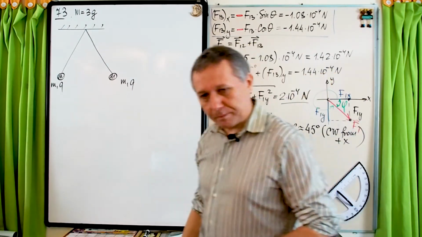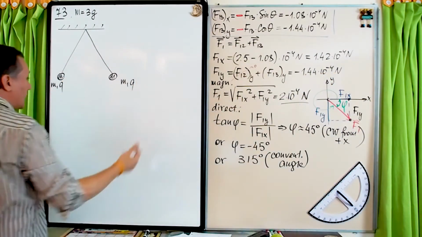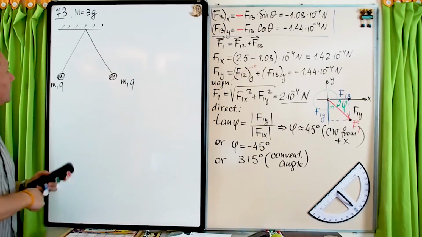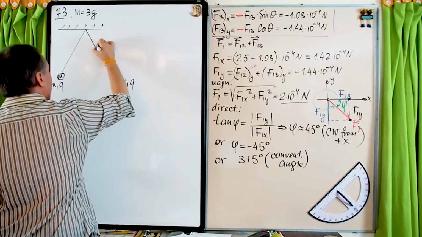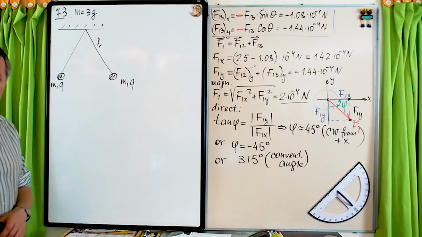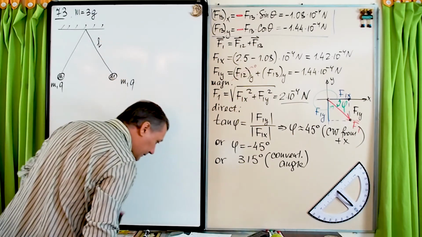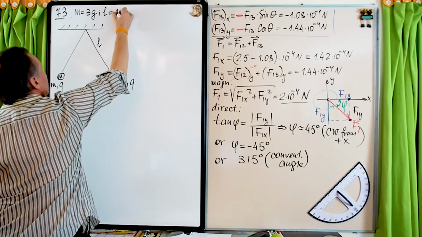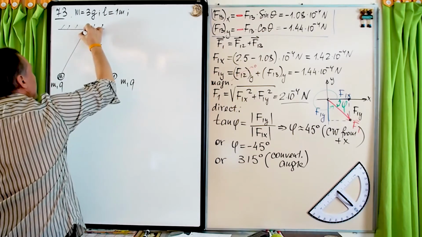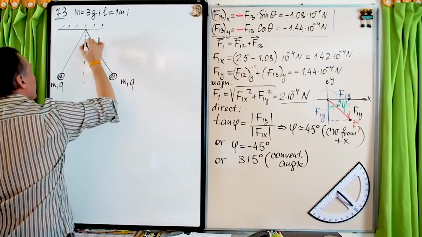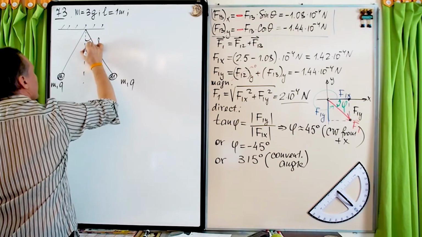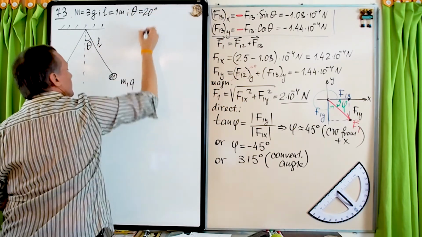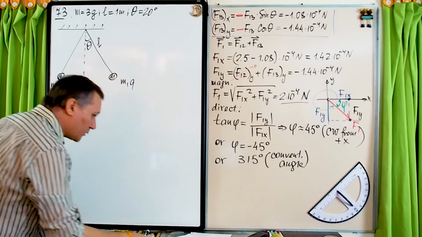Charge we don't know. When you set up this experiment to calculate the charge, you can measure this length, L equals 1 meter. Then you can easily find this angle theta. I think it's 20 degrees, if my memory is not failing me. Yeah, 20 degrees.